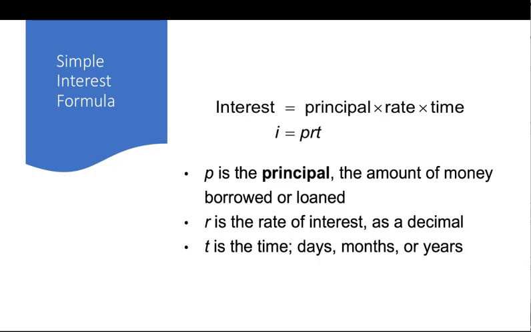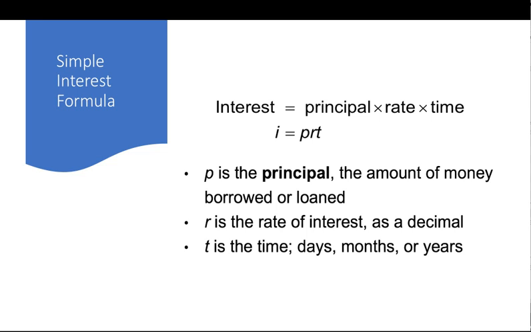So here's the simple interest formula. I is equal to PRT. So I stands for interest, and interest is equal to the principal times the rate times the time. In this formula, P is the principal. That's the amount of money that is being borrowed or being loaned. R is the interest rate, and we always write that as a decimal.